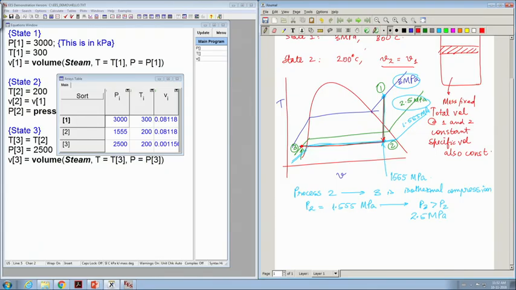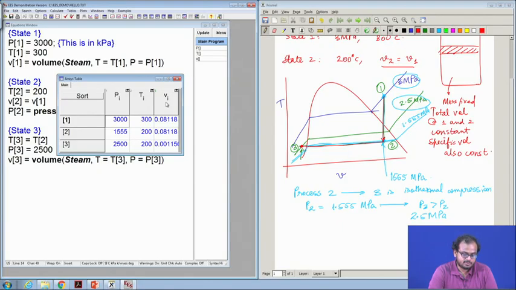alright. And the fact that the specific volume has suddenly decreased, okay. It was 0.08, 0.08 and 0.001. So, we recall that the density of water is somewhere around 1000. So, specific volume is 1 by density. So, that implies this is in the subcooled region.